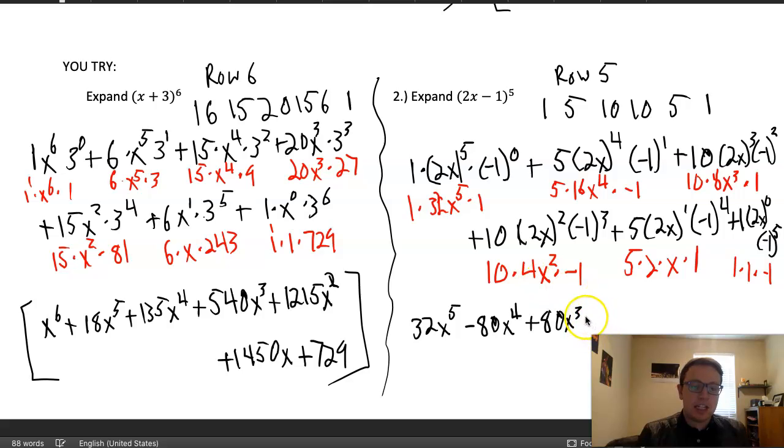Then we have minus 10 times 4, or 40 x squared, plus 5 times 2 times 1 is going to be 10x. Then we have 1 times 1 times negative 1, so our answer is minus 1. The full answer: 32 x to the 5th minus 80x to the 4th plus 80x cubed minus 40x squared plus 10x minus 1.